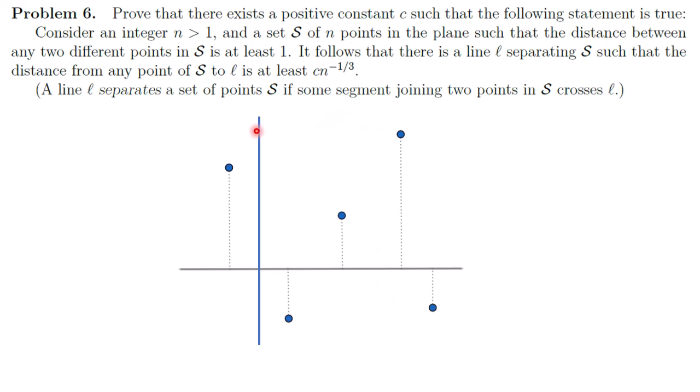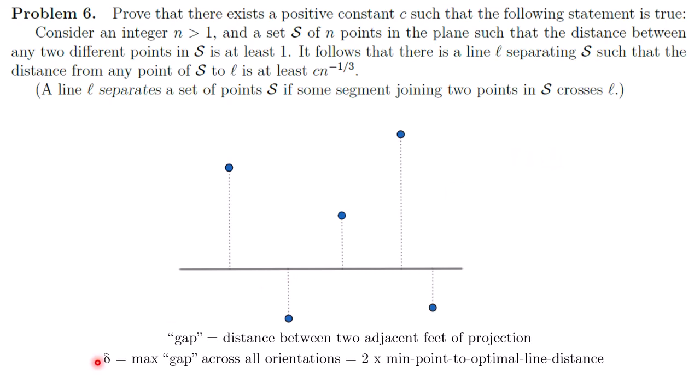Okay, so this is where you might optimally put the vertical line, but of course we are not constrained to vertical lines. We can consider lines in different directions. So this leads to the idea of considering gaps in different orientations. So I'm going to define a gap to be the distance between two adjacent feet of projection. So here we have a gap, here we have another gap, a third gap, and a fourth gap.